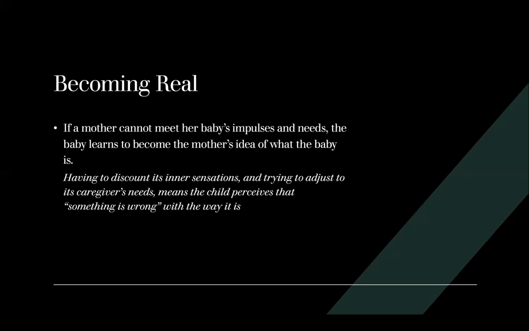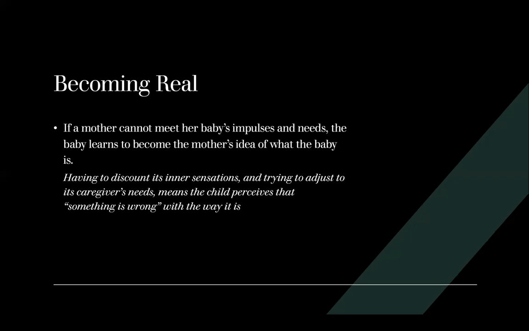So again, when a child has very few skills in terms of signaling to a caregiver, I need something, the caregiver has a ton of power and a ton of control. The child is incredibly dependent, as we know. Even children who are fed, clothed, changed, but don't have any physical contact, they die. So we need that attunement as children.